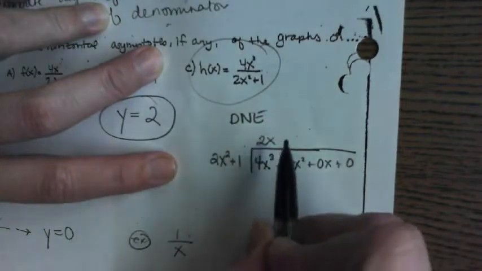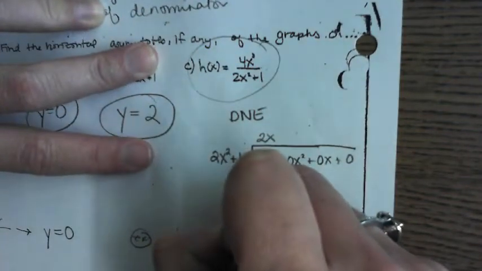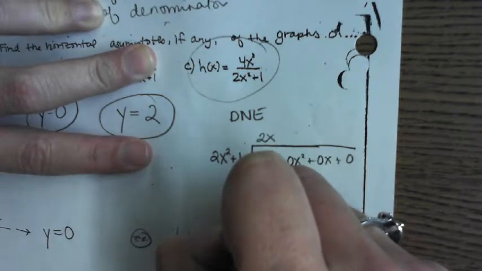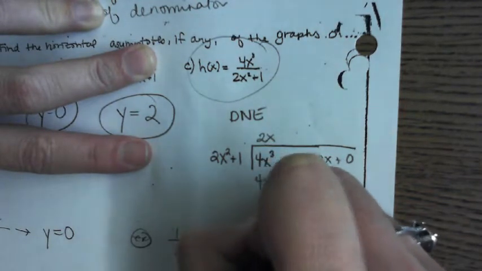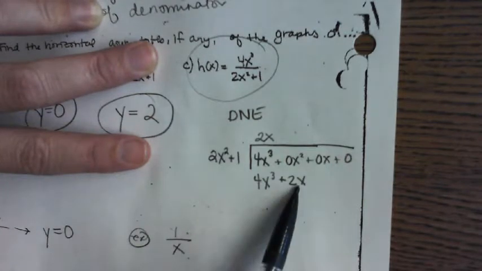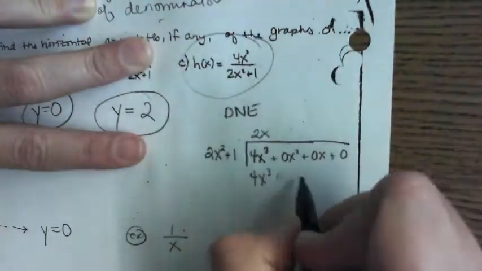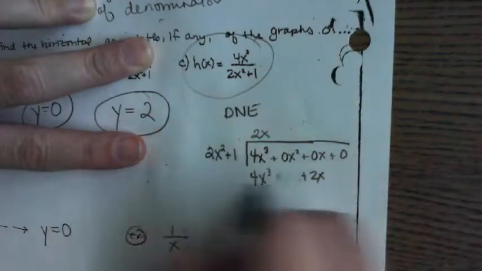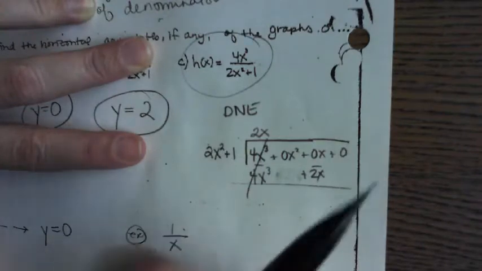And then when I multiply this times this, Joe, what do I write down underneath? Plus 2x. Good. Now that 2x isn't lined up right, is it? I have to move it over. Subtraction, subtraction. My 4x cubes will cancel.